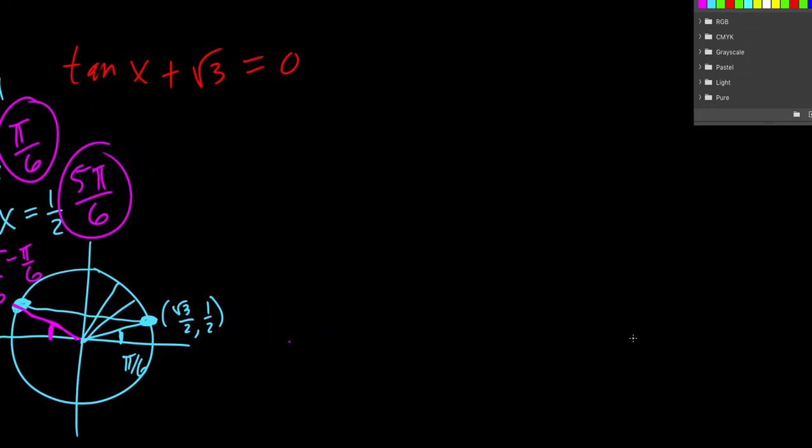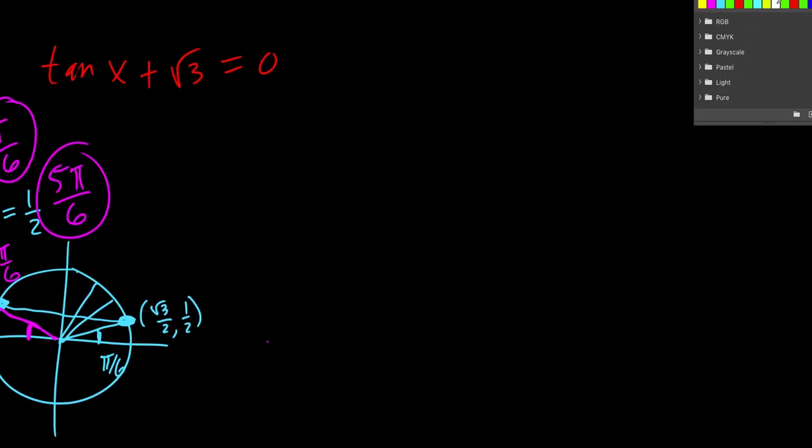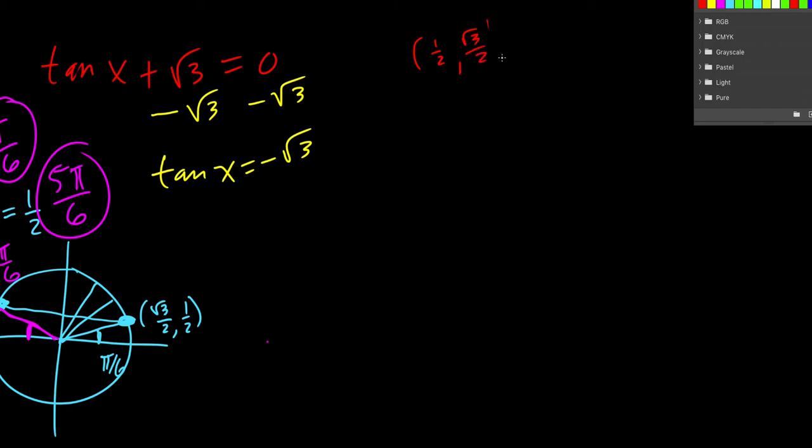Alright, I'll just move this over a little bit. Okay, so for tangent, we want to solve for tangent. You always want to solve for the trig function when we're doing this. So tangent x equals negative square root of 3. Okay, so our possible values, we have 1/2 and square root of 3 halves, right?